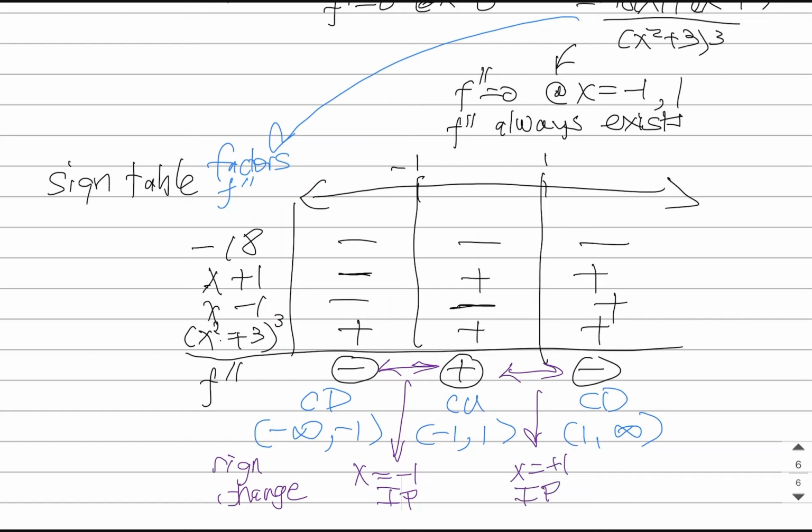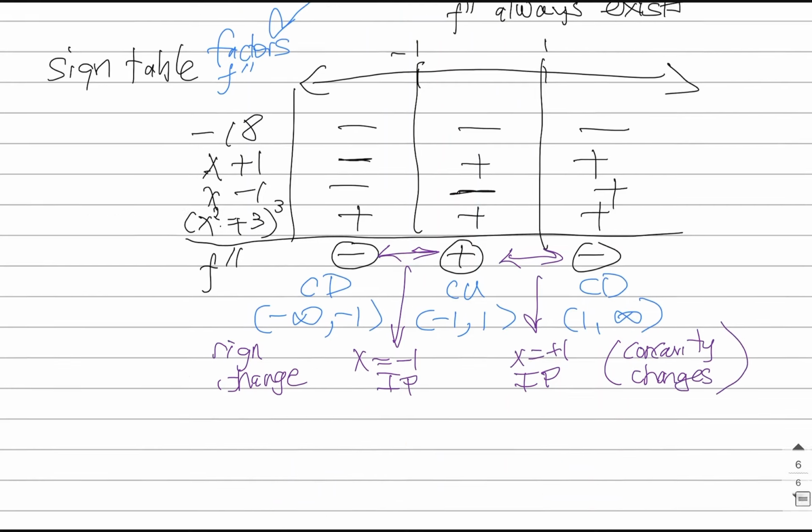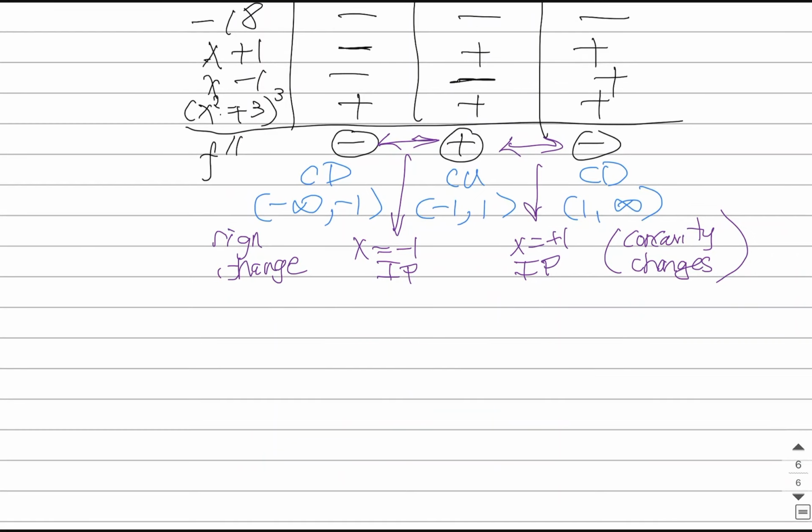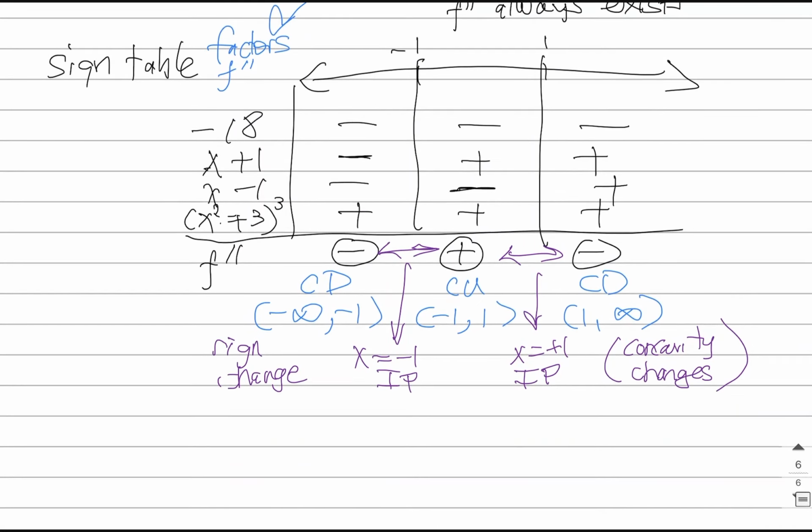Inflection points are points where the concavity changes. It switches from concave up to down and vice versa. And once you've got the first derivative information, once you've got the second derivative information, you can put it all together.